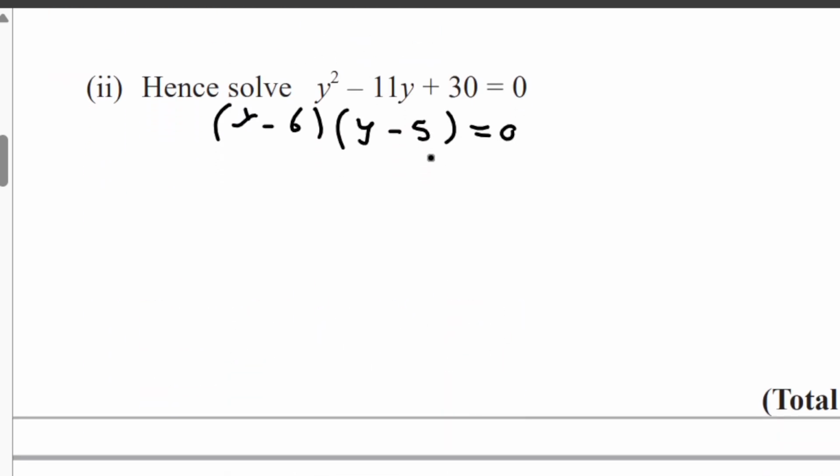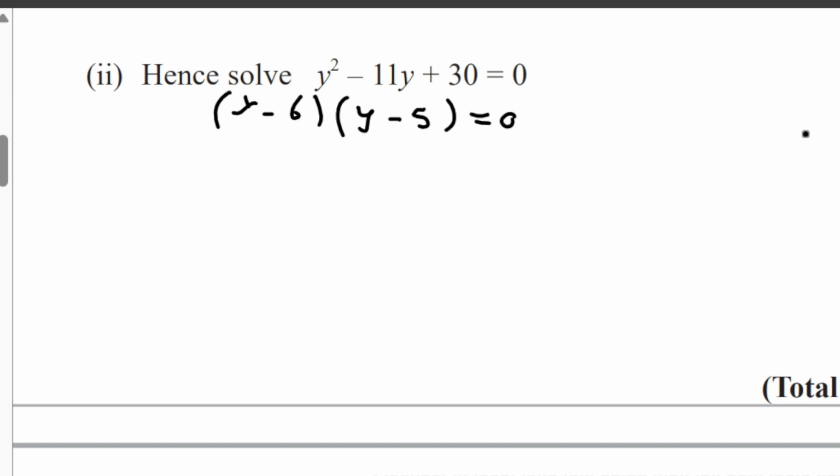That's it. Now, how do we solve this? You have two numbers multiplied to make 0. This times this equals 0. That means at least one of them equals 0, right? Because 0 times something equals 0. So what you will do is you will say y minus 6 equals 0.